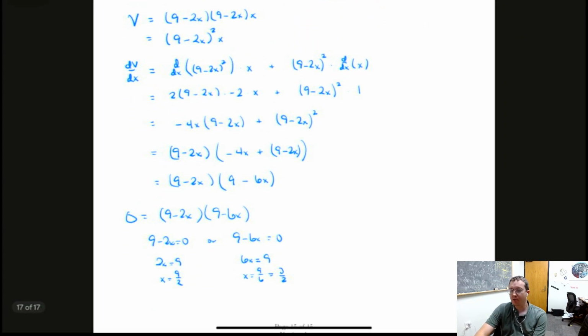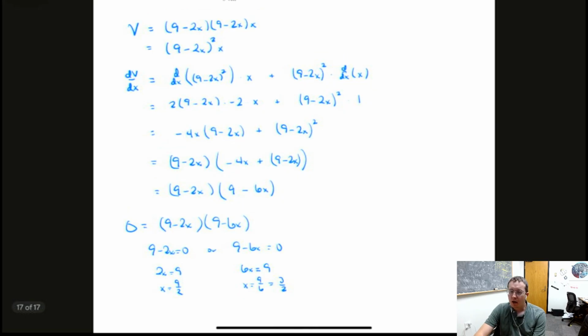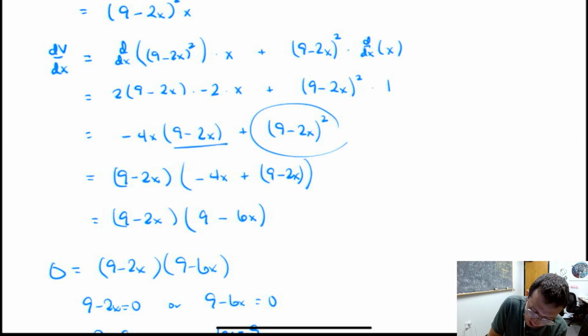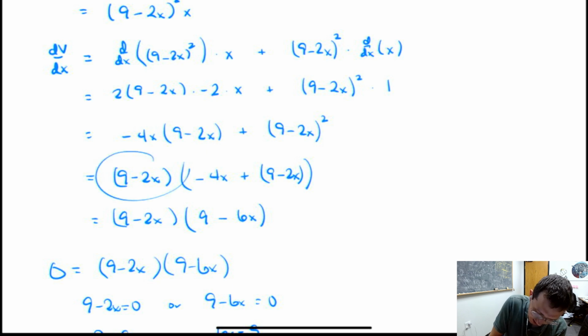Now that we found the critical numbers, where did the minus 6x come from? Yeah, so after I factored out this 9 minus 2x and one of these 9 minus 2x's, I was left with the minus 4x, and then I was left with the other 9 minus 2x.